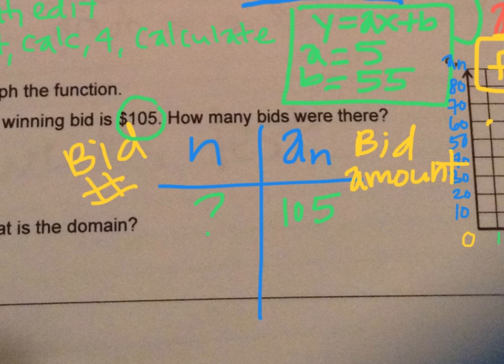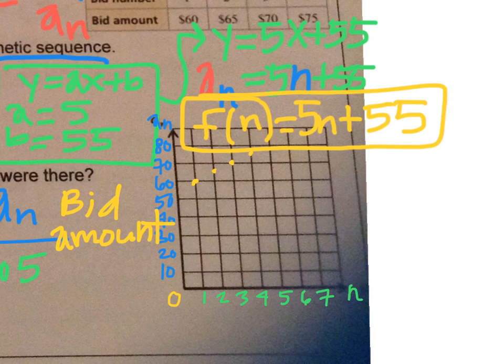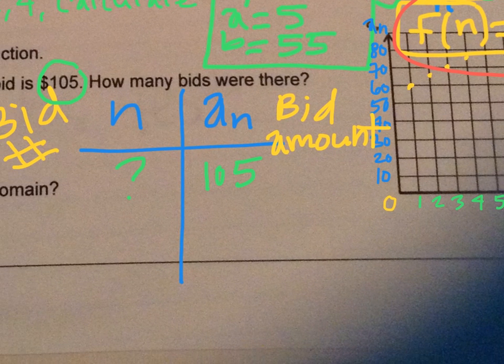So all we need to do is take our equation or our function that we found earlier, which was f of n equals 5n plus 55, and type that into the y equals screen in your calculator. And once you do that, then we will be able to look in the table, go to second graph and look at the table where the y value, in other words the AN value, is 105.